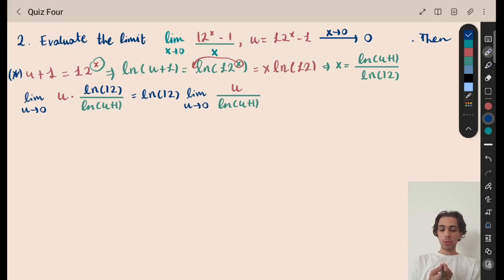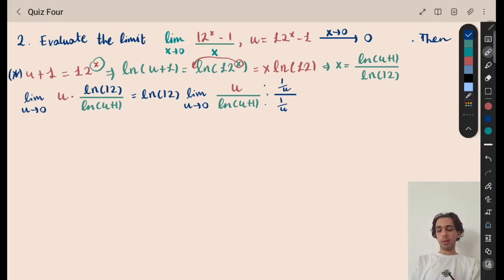Okay, so now we need to compute this limit, which is still not an easy task. So we will use a trick. And that trick is dividing by 1 or multiplying by 1. So I will multiply by 1 over u, but then I'll divide by 1 over u, because I want to multiply the numerator and the denominator.